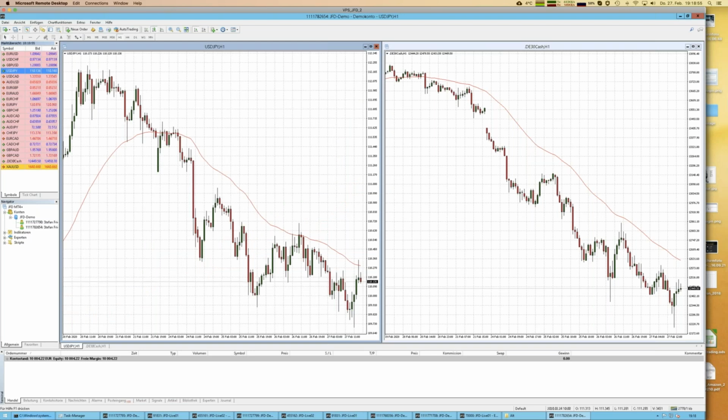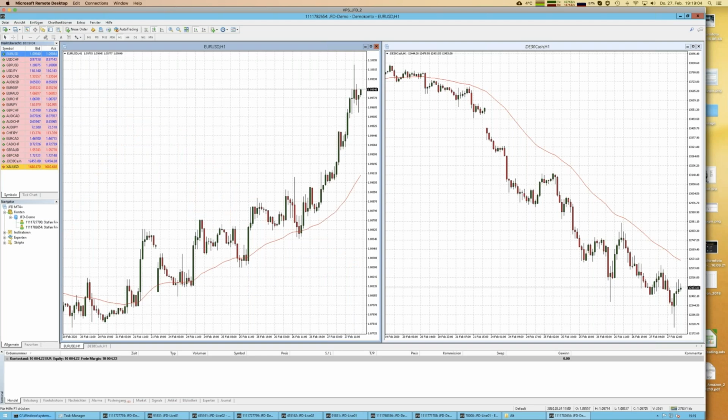Now US dollar, Japanese yen. Let me go back to Euro US dollar. Or you may want to have additional charts, then you just do right mouse click here, new chart window, and you get another one. So you can have as many as you want.